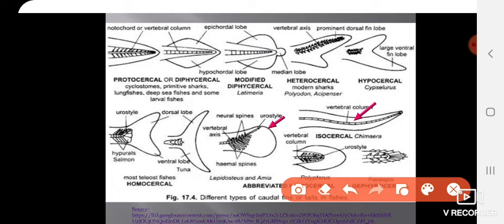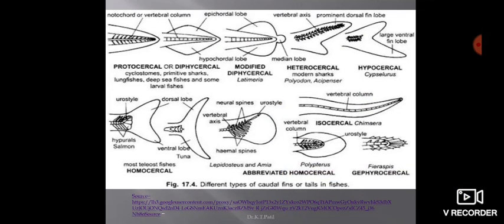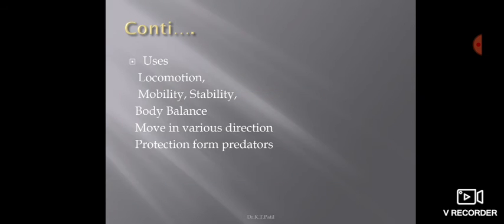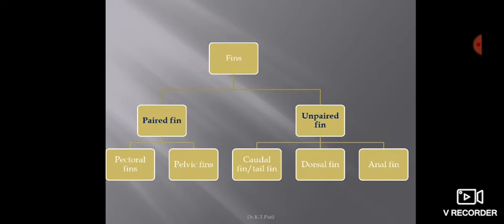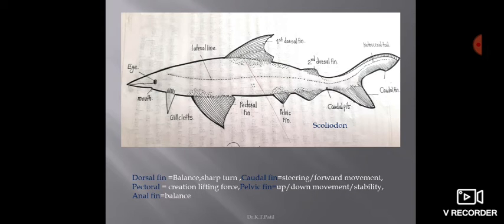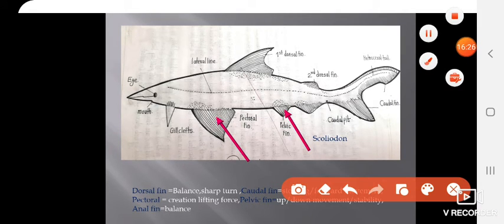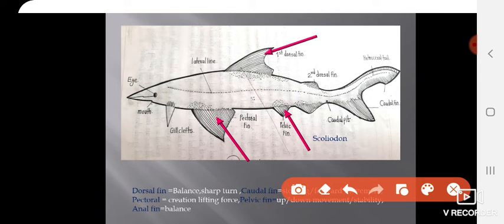So I will revise some points in this lecture. Fins are of two types: paired fins and unpaired fins. Paired fins include pectoral fins and pelvic fins. Unpaired fins include the dorsal fin, caudal fin and anal fin.